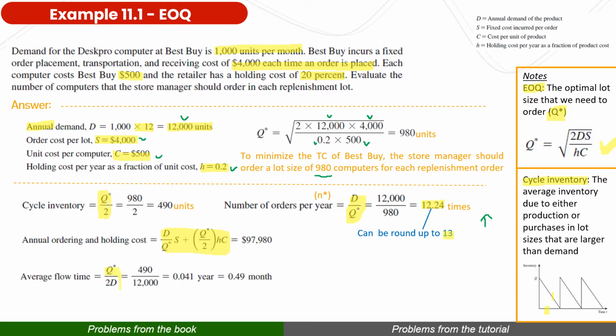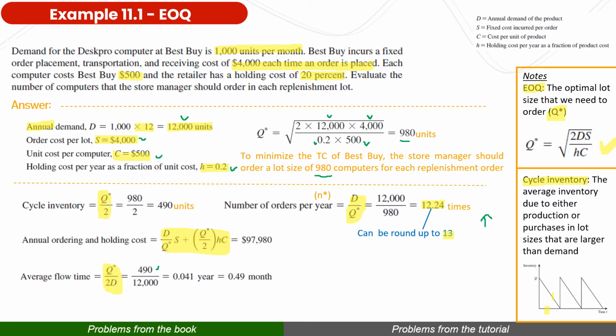And then for the average flow time, the formula is Q star divided by 2 times annual demand. That is 490 divided by 12,000. You may at first be confused why it is 490, because our Q star is 980.